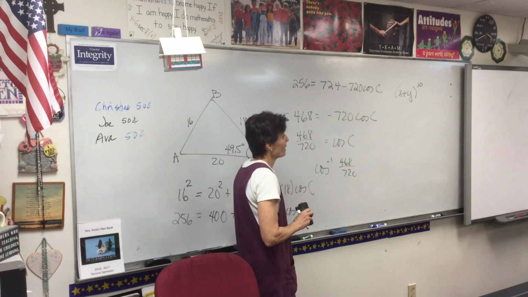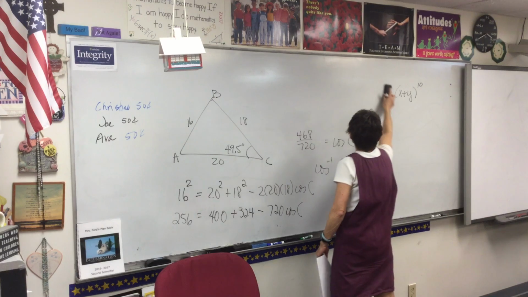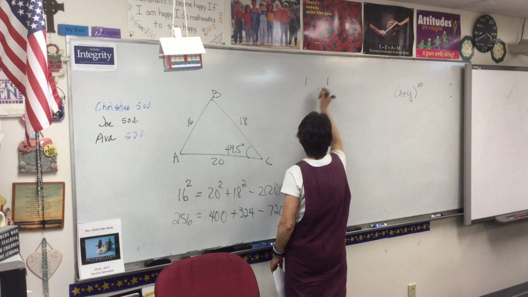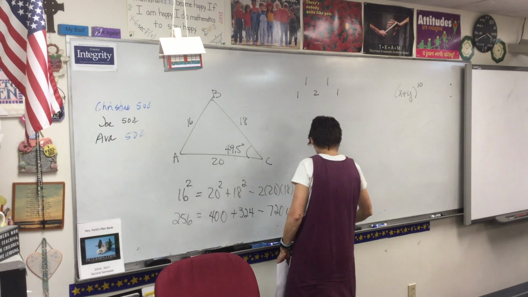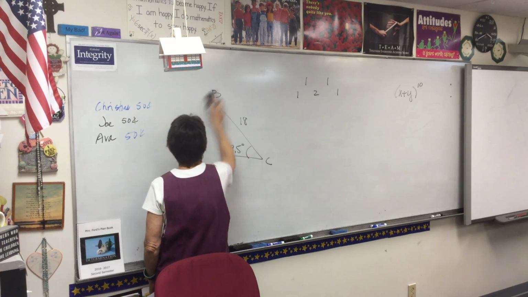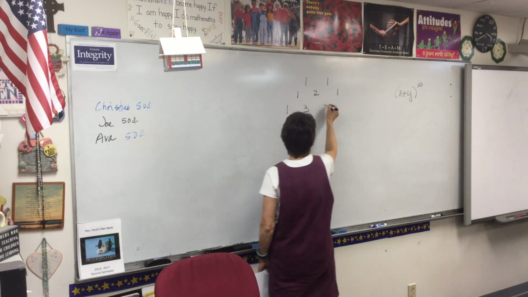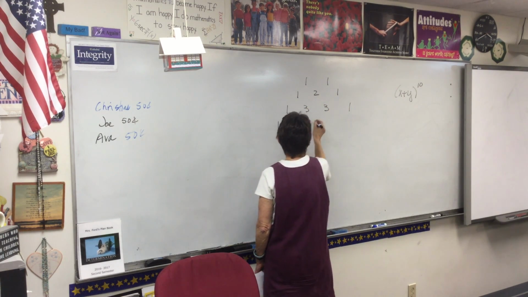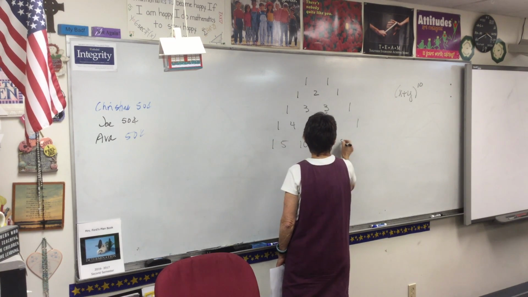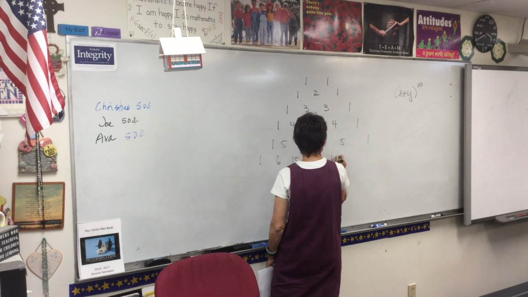The bad news is we are going to have to write out a bunch of the triangle. I'm going to make myself some room here. Here we go. So I have my 1 and my 1. Are you working along with me? I don't think we've ever taken it this far before.